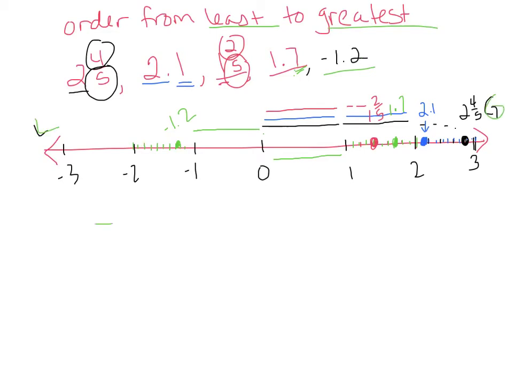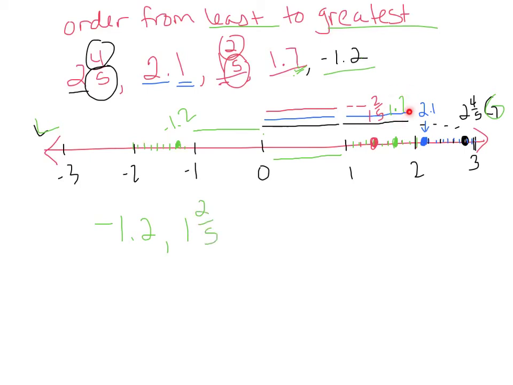So now I just say, oh, okay, well, that's the first one I come across. So that is negative 1.2. And then the next one I come across is 1 2/5.